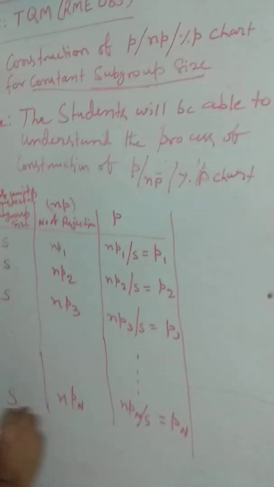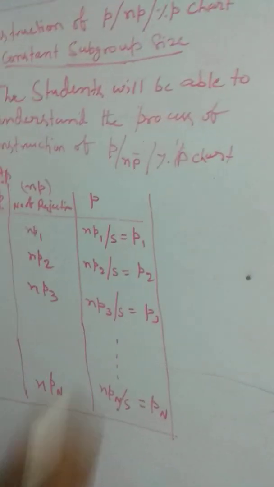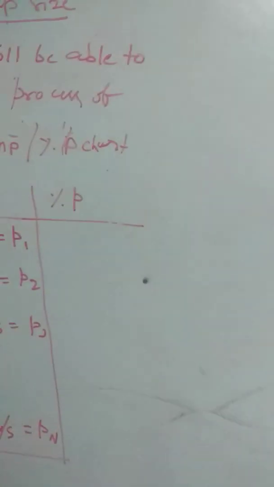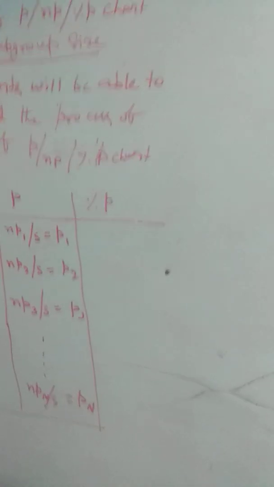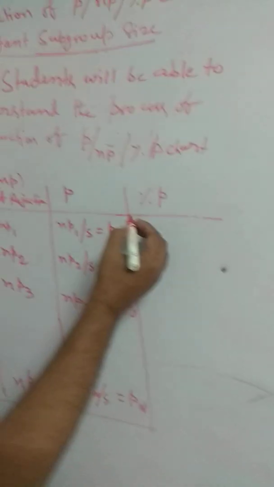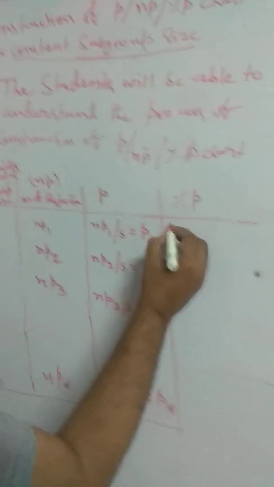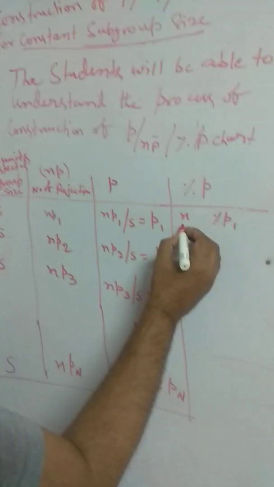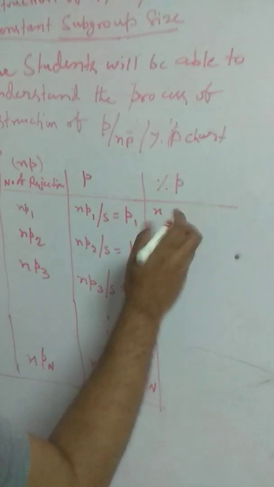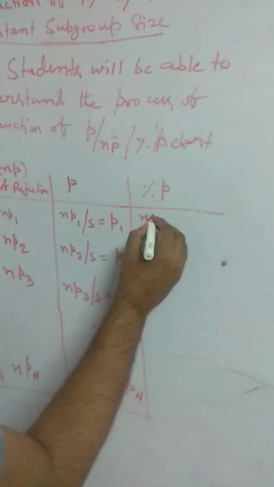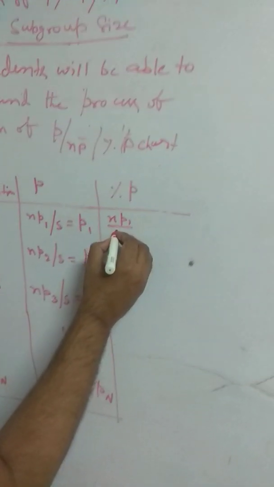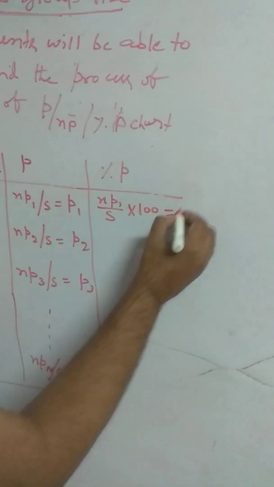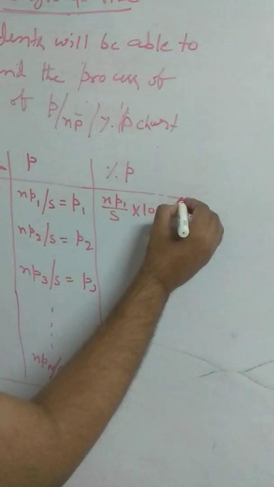Okay. Now from the same data we can also compute the percentage P. How can the percentage P be computed? NP1 divided by S into 100 will give the value of percentage P1.